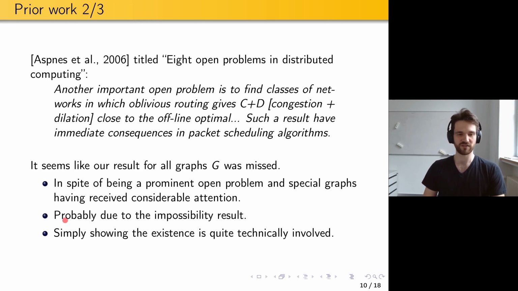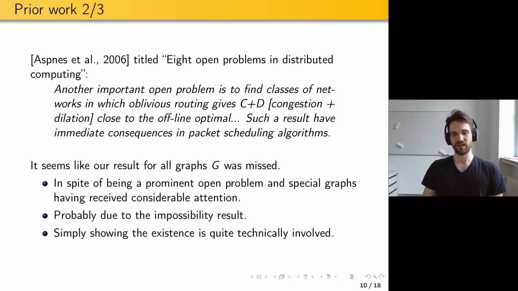I would imagine it was probably due to the impossibility result that I was shown before, and that basically all of these papers that work in this model cite in the introduction. They say, well, we cannot really get the best thing, so let's consider special graphs, like expanders or fat trees or grids or whatever.